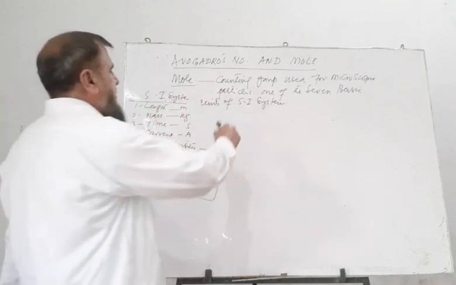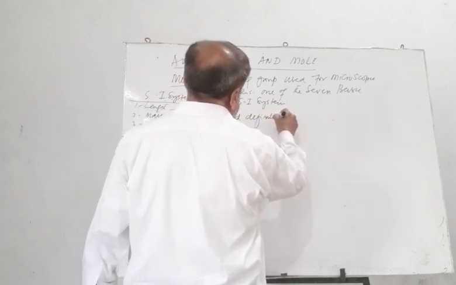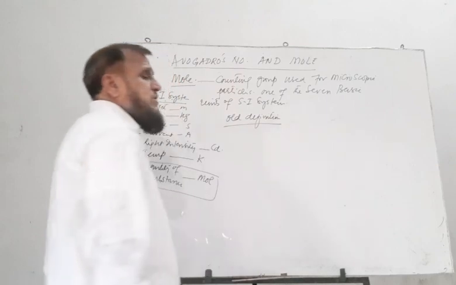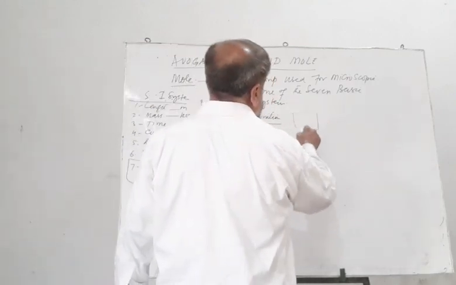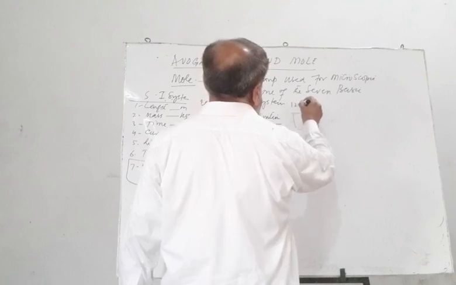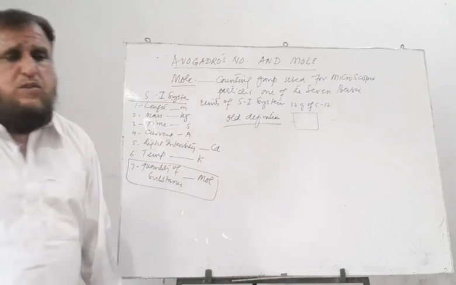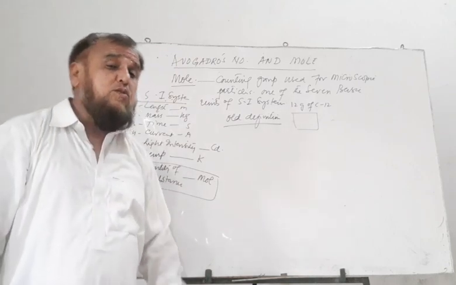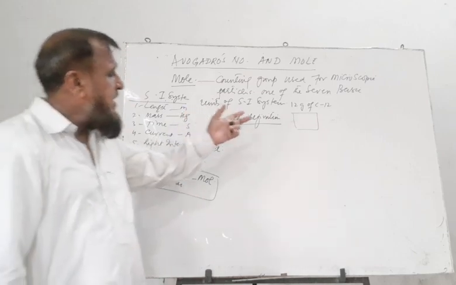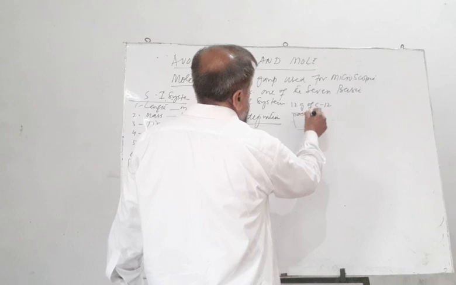The old definition of mole, which was initially proposed, is this: let us suppose we have 12 grams of carbon 12. Carbon has three isotopes, carbon 12, carbon 13 and carbon 14. If we have a mass of carbon 12 which is 12 grams, let us suppose it contains some number of atoms.